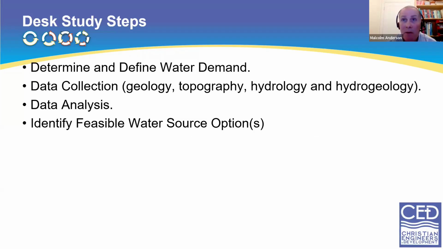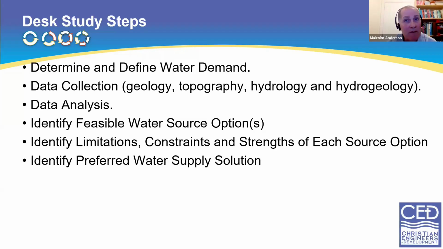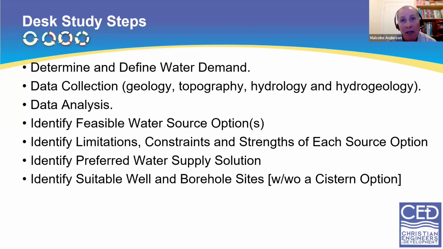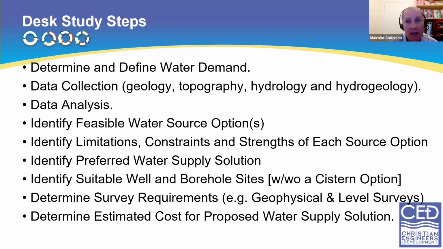We'll go through that in a moment. Identify limitations, constraints, and strengths of each source option. Identify preferred water supply solution, and identify suitable well and borehole sites with or without a cistern option, because they're complementary. And survey requirements and the cost.